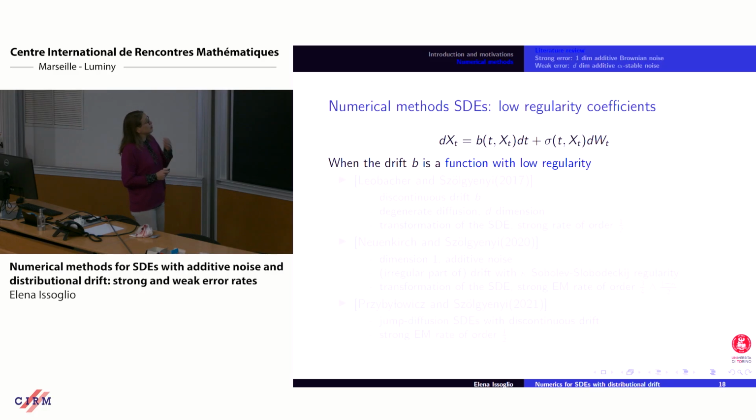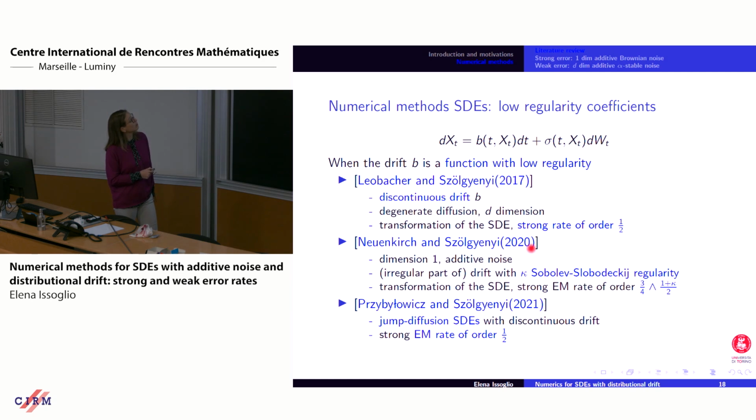So let me start with a brief overview of some works with low regularity coefficients. Here the coefficients are still functions, but with low regularity. There is a series of works by Michaela Szölgyenyi and co-authors, Leobacher, Neuenkirch and Przybyłowicz, where they essentially have drifts, but also, first of all, they have multiplicative noise, and then they allow for irregularity like discontinuities.